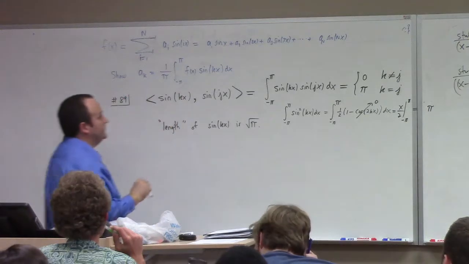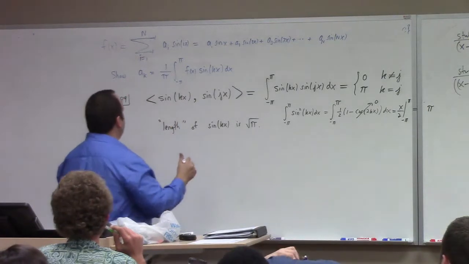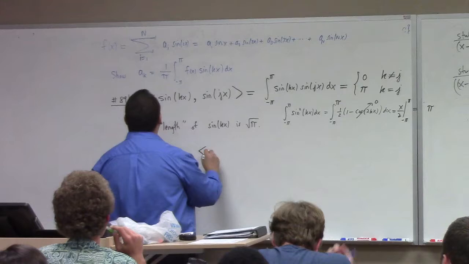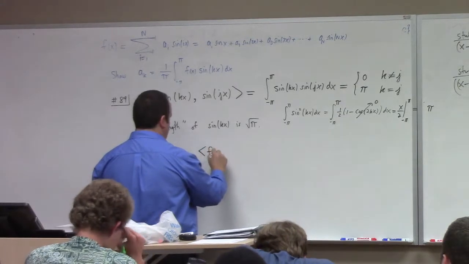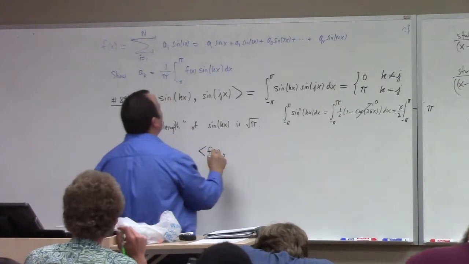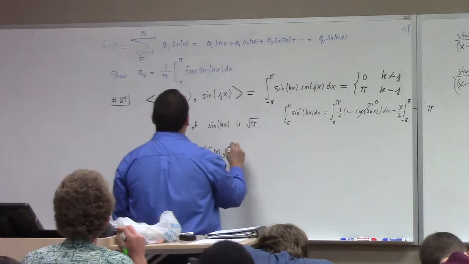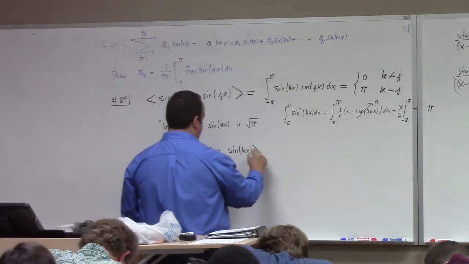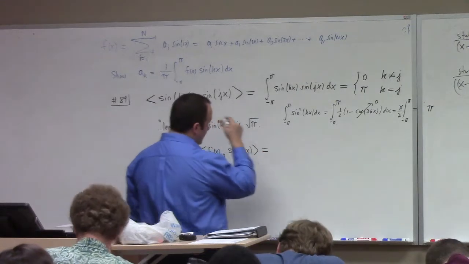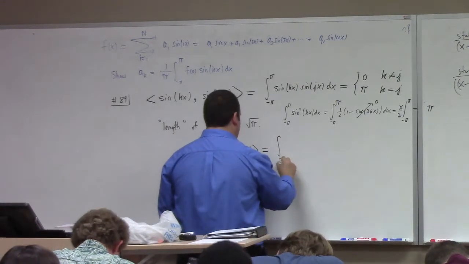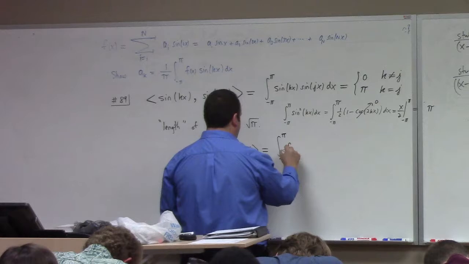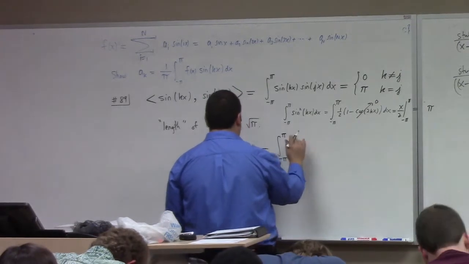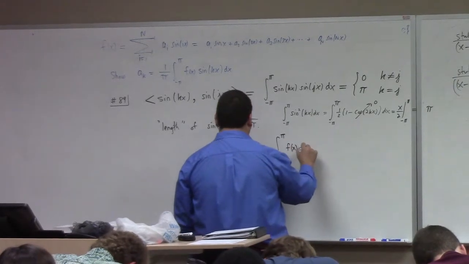Okay. So with that in mind, you calculate the inner product of f of x and sine of kx. And what that is, is the integral from minus pi to pi of f of x sine of kx.